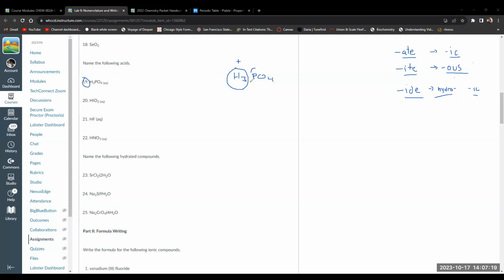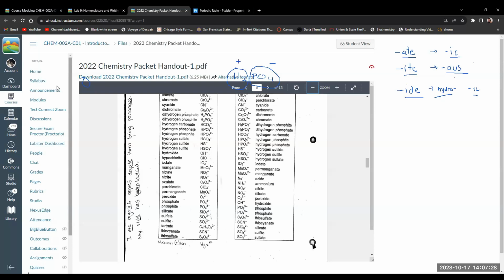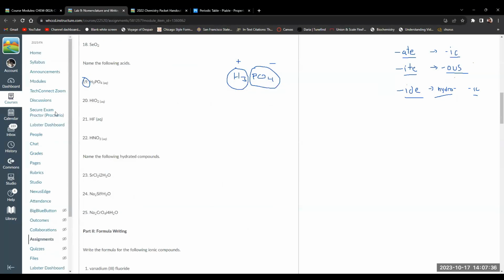And this polyatomic is negatively charged. So when we look at our polyatomics, our PO4 here, phosphate, is a -3 charge. So for an acid to counterbalance that, again, equal to 0, this acid's going to need 3 hydrogens.